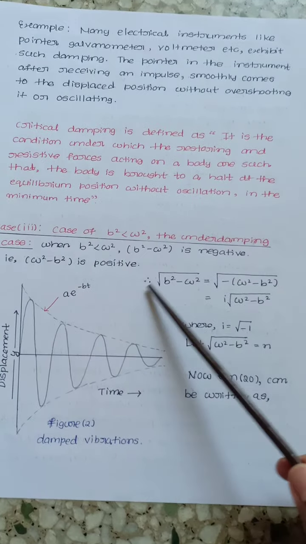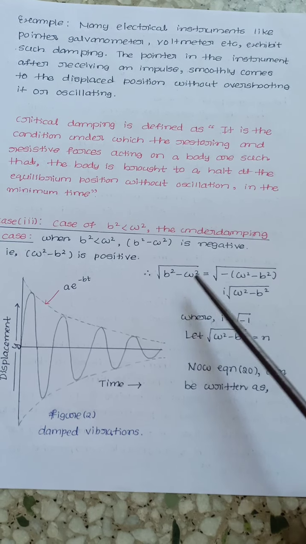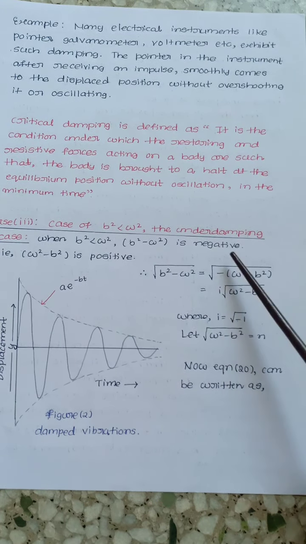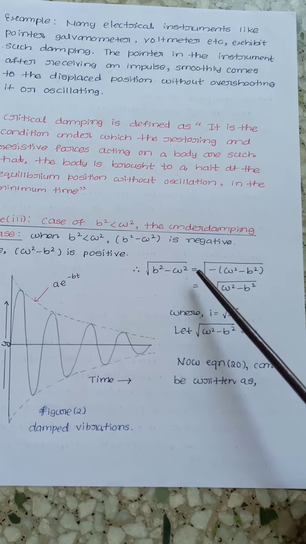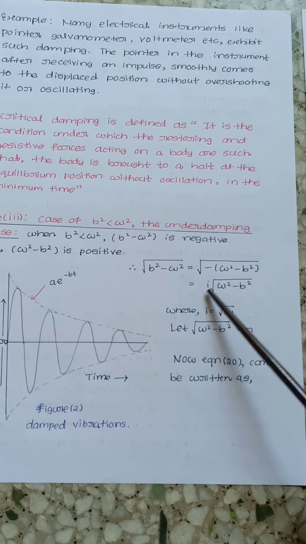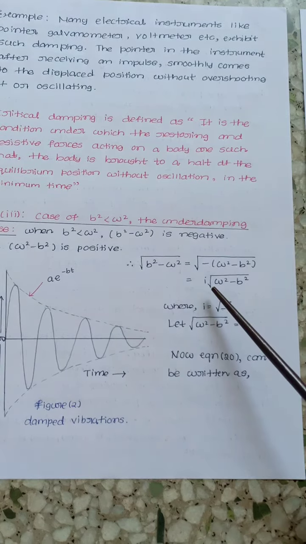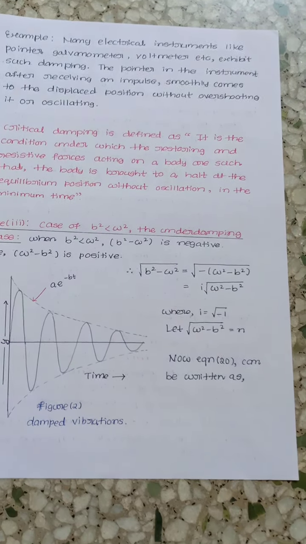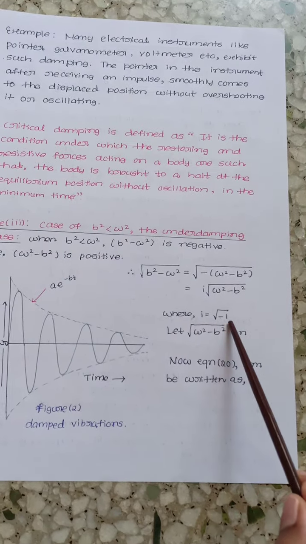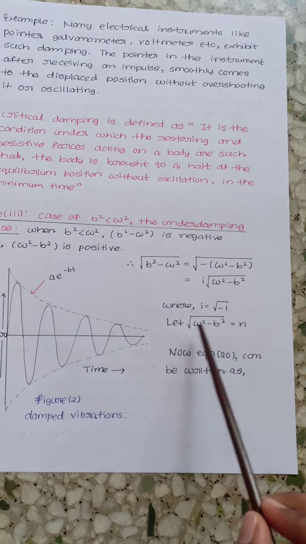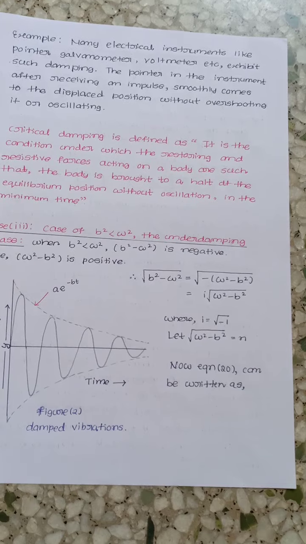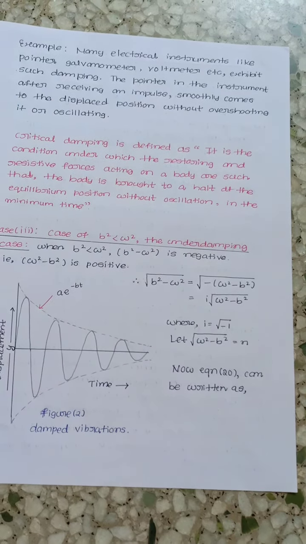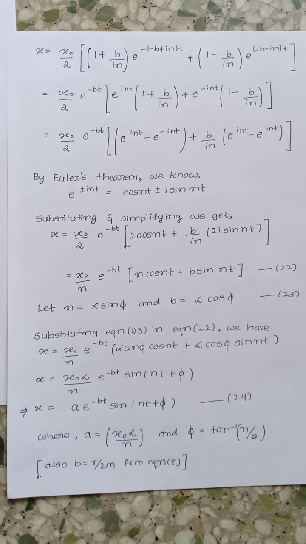Therefore we can write root of b square minus omega square as root of minus of omega square minus b square, which is i into root of omega square minus b square, where i equals root of minus 1. Let us take omega square minus b square as n square. Now equation 20 can be written like this.